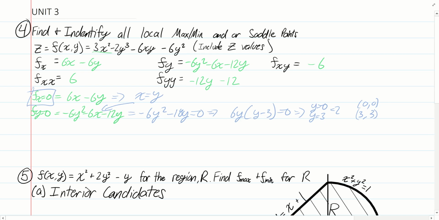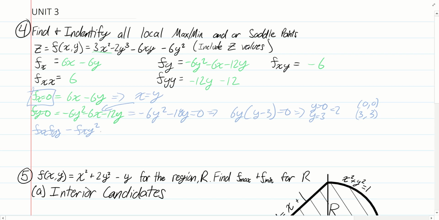Now we need to check to see if either of these points are saddle points. So we have to apply the equation fxx times fyy minus fxy squared. If it is positive, it's going to be a max or min. If it's negative, it's going to be a saddle point.